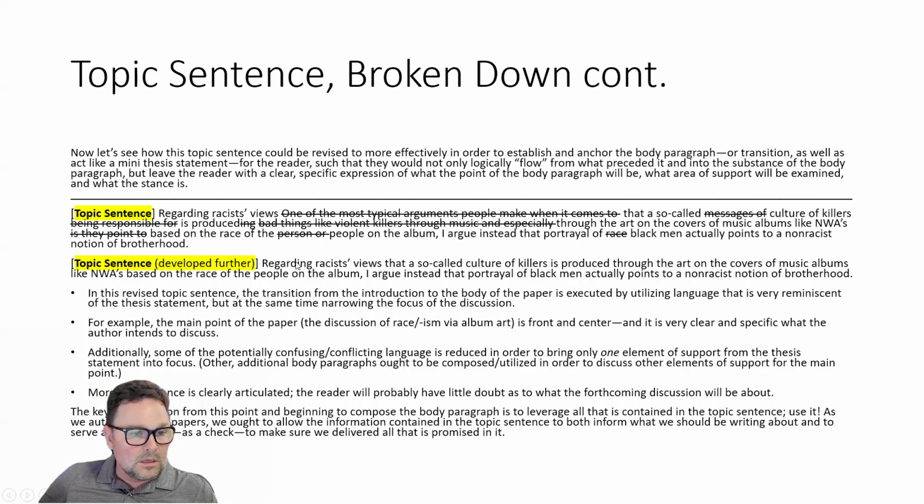So notice what we're doing here. We're pointing out that there are people who will get all bent out of shape and cry about album covers. Racists will do this and point to the race and what's going on in the artwork, etc., to argue that's what's wrong with the world. But this student said, I'm not going to stop there. I'm going to argue instead, against this, that this portrayal of the black man on the cover is brotherhood.